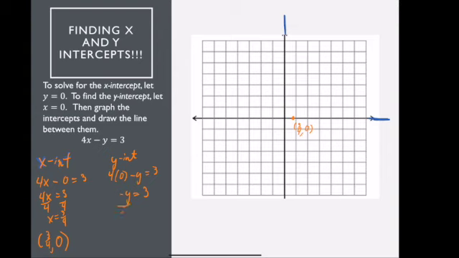So I can go ahead and divide both sides by negative 1, or I could have multiplied both sides by negative 1. It would have given us the same answer. And I get y equals negative 3. So I now know when x is 0, y is negative 3. So here I go to where x is 0, go down 3, and there's my point. So I have when x is 0, y is negative 3.